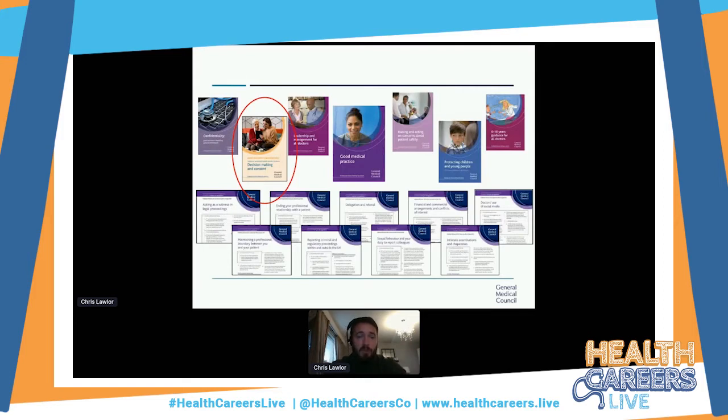I just want to highlight the guidance at the bottom, which looks slightly different, and that's what we call supplementary guidance. Those pieces of guidance are usually 1 or 2 pages of A4, and they are much more focused on very specific issues. So you can see from some of them there, we've got acting as a witness in legal proceedings, we've got maintaining a professional boundary between you and your patient, and over on the right hand side, we've got a piece of guidance that focuses particularly around doctors' use of social media.